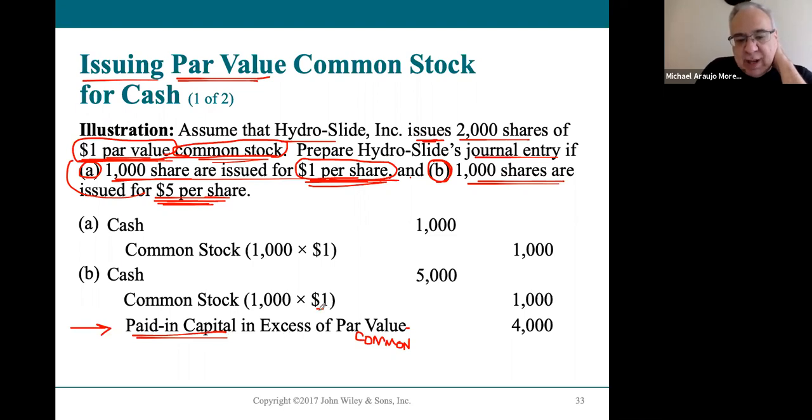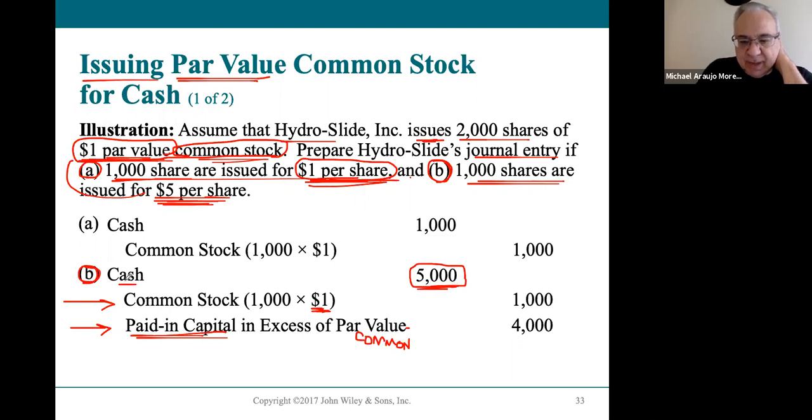The money you raise up to the par value is going to be credited directly to the common stock account. Anything above that value is going to be put into paid-in capital. So again, they sold 1,000 shares at $5. So we're looking at B here. Let's focus on B for a moment. So they actually raised $5,000 in cash.